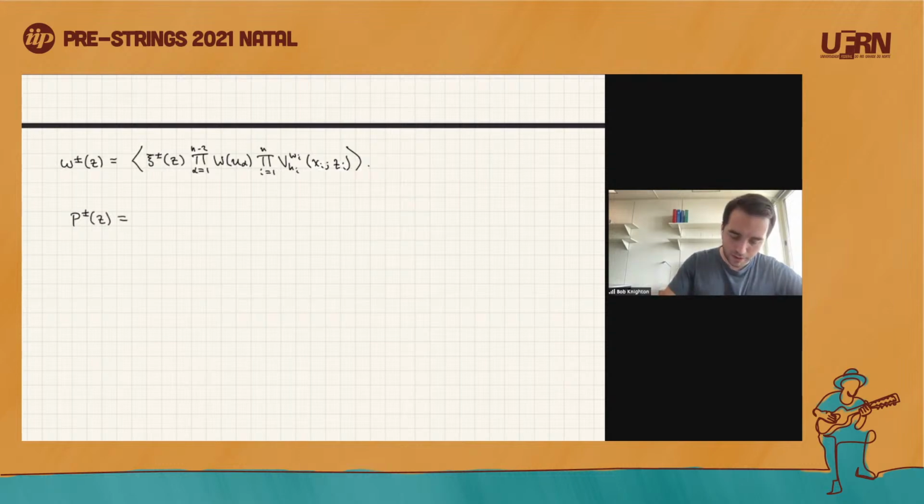So where does W have a zero? It has zeros when Z is equal to U alpha, because the OPE of U alpha with Xi is linear. And so you can get rid of these zeros by just dividing out by appropriate terms. And then it has poles where Z goes to Zi.